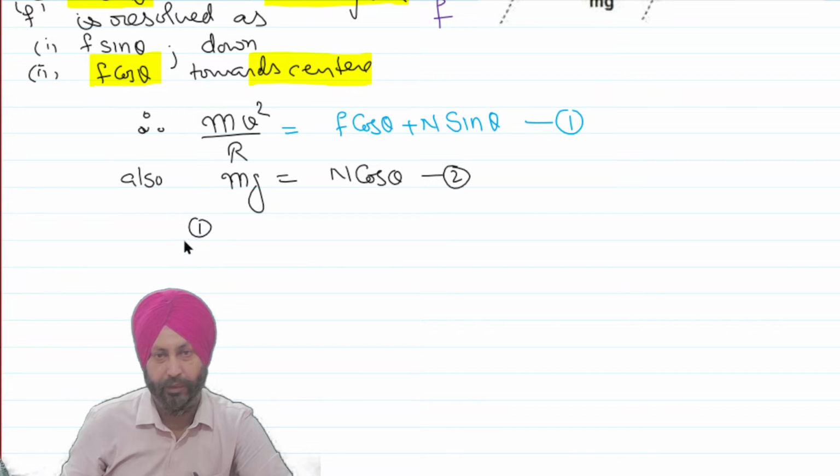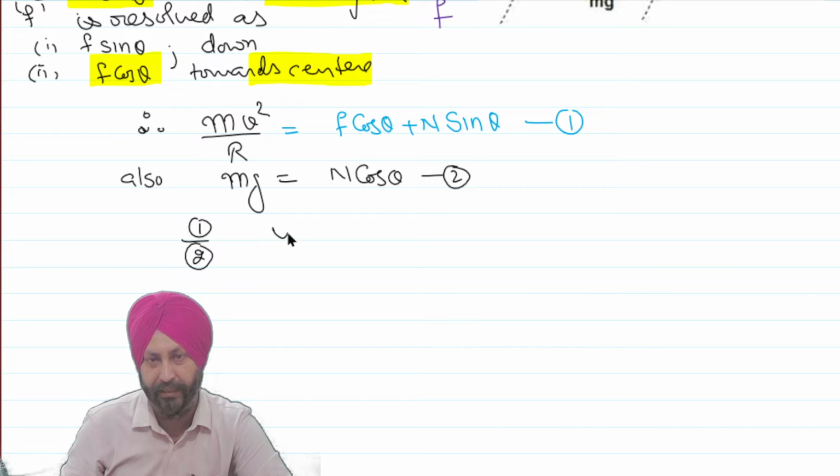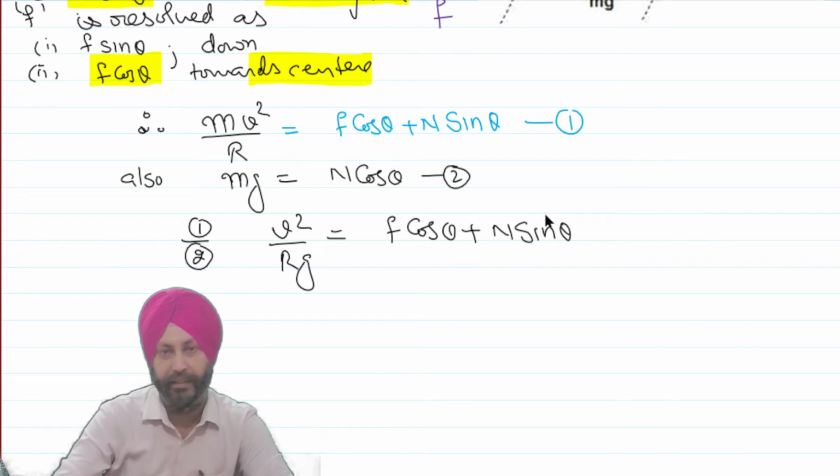Yes sir. We divide, m will cancel, v square by r g will be f cos theta plus n sin theta.